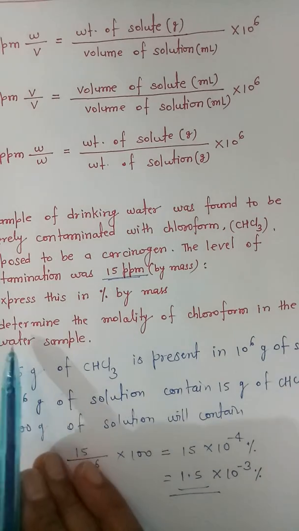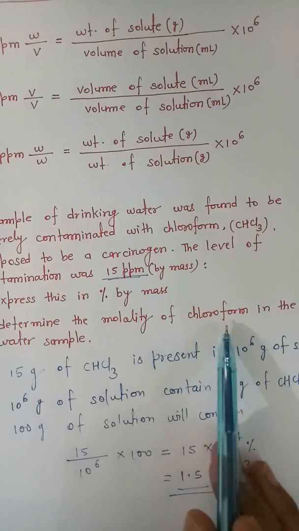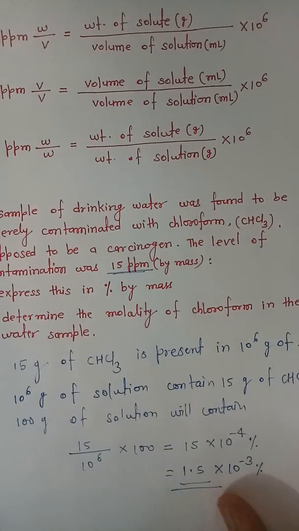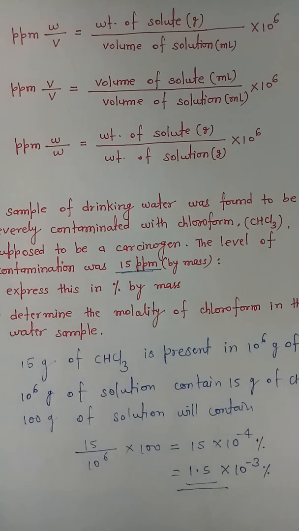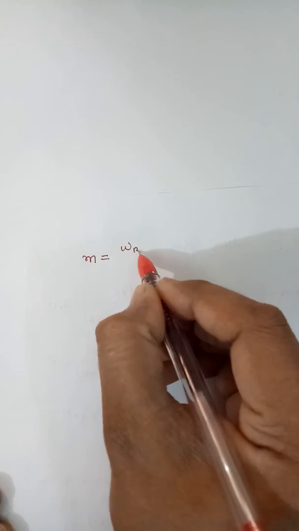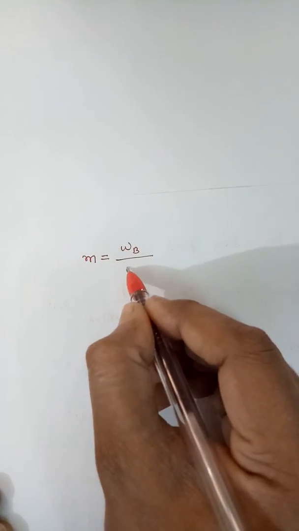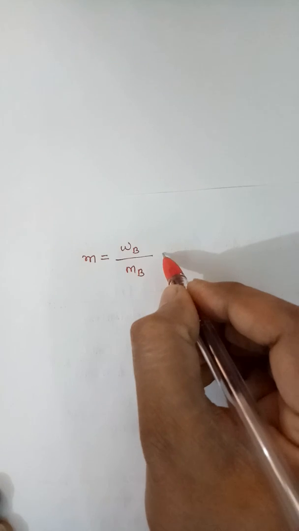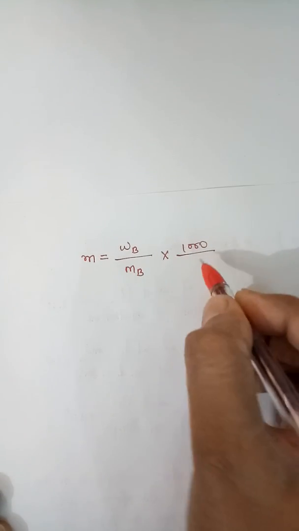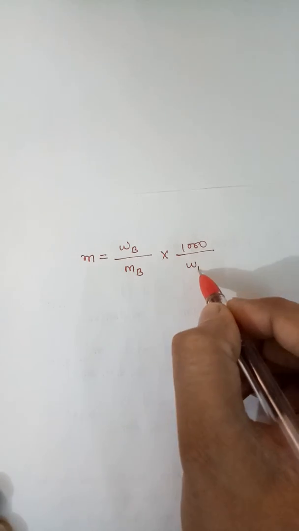Now the second part: determine the molality of chloroform in the water sample. For finding molality we have the formula: molality equals weight of solute upon molar mass of solute, multiplied by 1000 upon weight of solvent in gram.